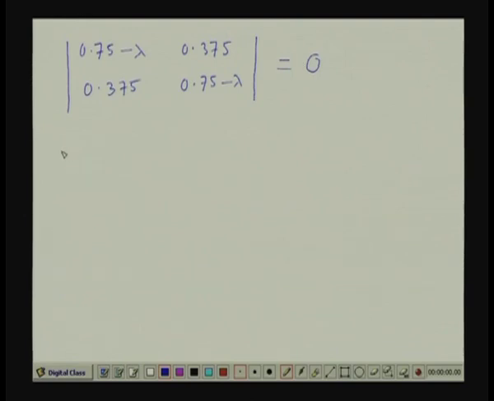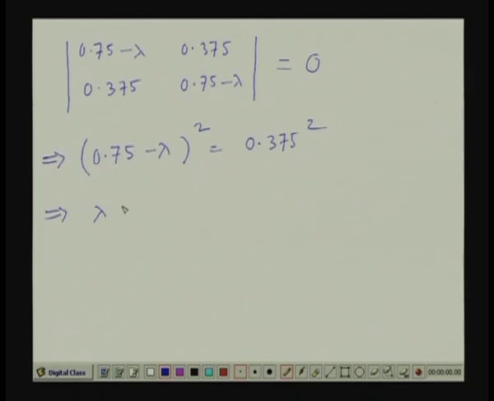So, if you do this, you find that this simply gives an equation of the form (0.75 minus lambda) square is equal to 0.375 square. Now, if you solve this, the solution is very simple.